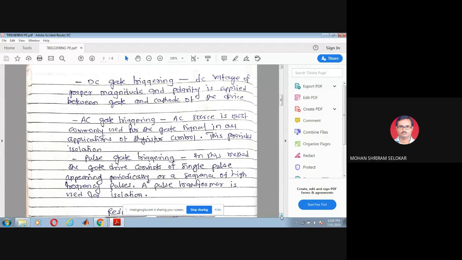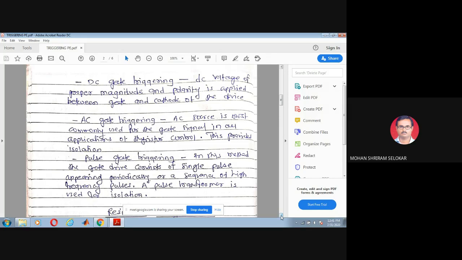in which DC voltage of proper magnitude and polarity is applied between the gate and the cathode of the device. Here I am saying proper polarity because we know that an SCR can be turned on by applying a positive gate voltage.